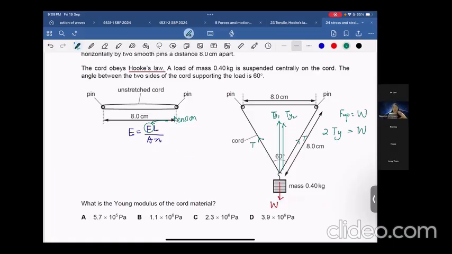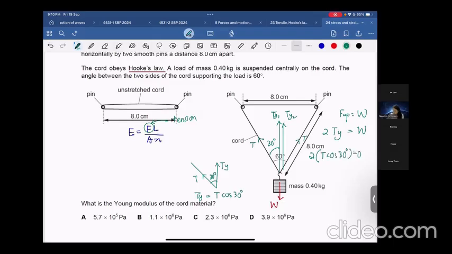So how can I calculate Ty? This angle is actually 30 degrees. What is my Ty? My Ty should be T cos 30 degrees. So 2T cos 30 degrees equals my weight.